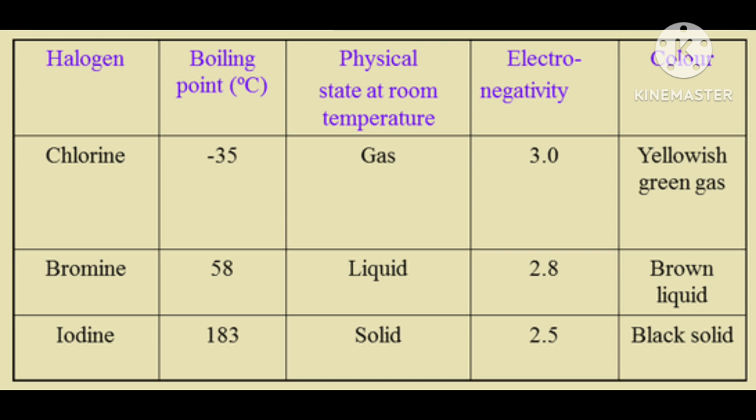All the halogens exhibit the -1 oxidation state. However, chlorine, bromine and iodine also exhibit +1, +3, +5 and +7. Okay, these are important things.